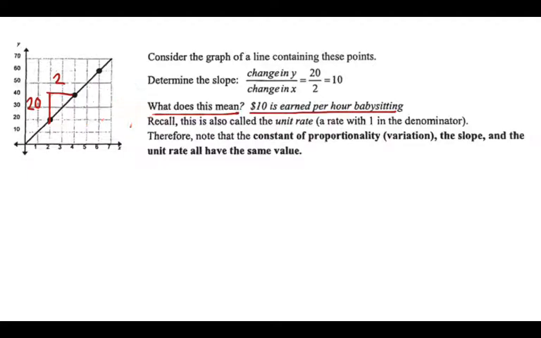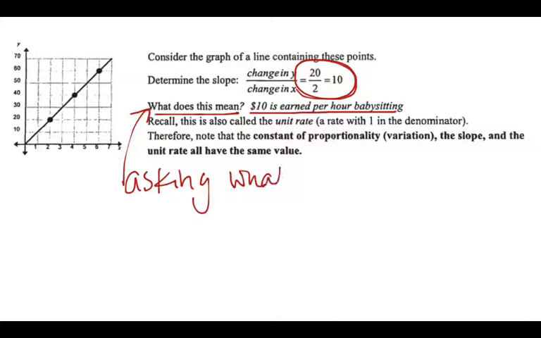So this is where we start asking you questions about what's happening in this graph. So the slope being 20 over 2, when it says what does this mean, it's basically asking what the unit rate is. What does that slope of 10 mean?